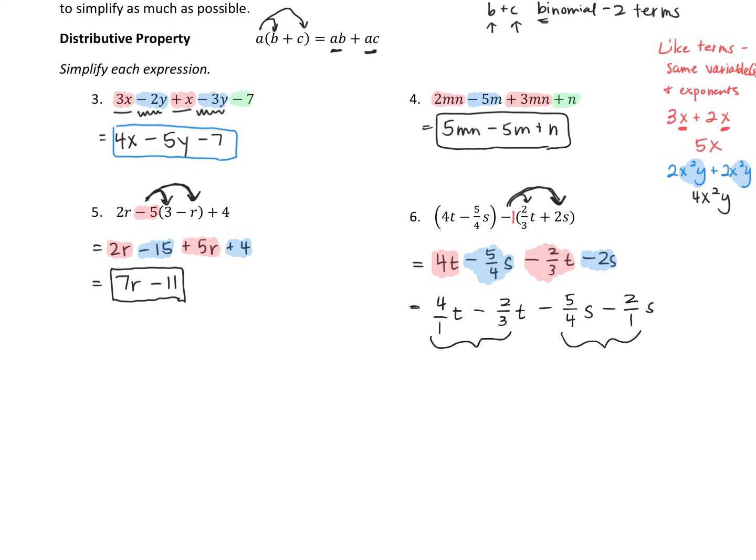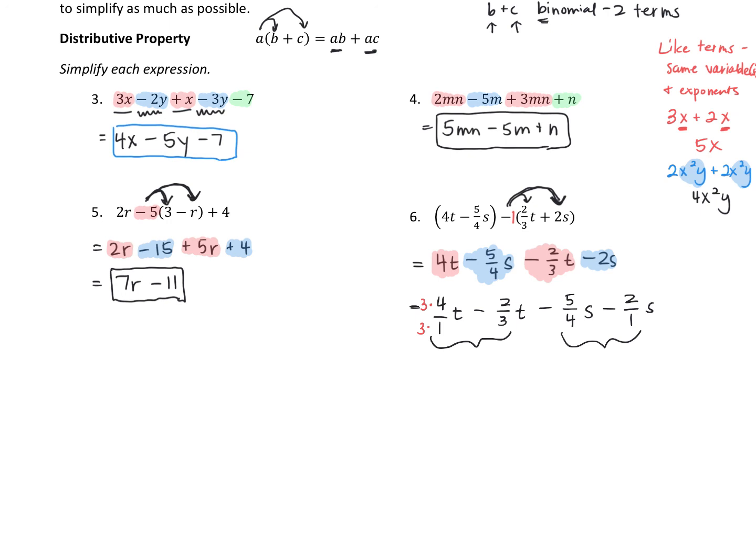Okay, so t, I have a 1 and a 3 in my denominator. So I need to scale up to a 3. So I can multiply 1 by 3 and I would get a 3. They would match. Remember, whatever you do to the bottom of the fraction, you have to do to the top.